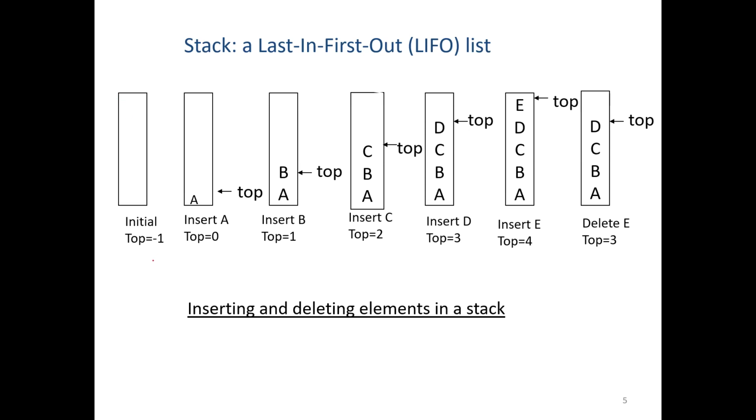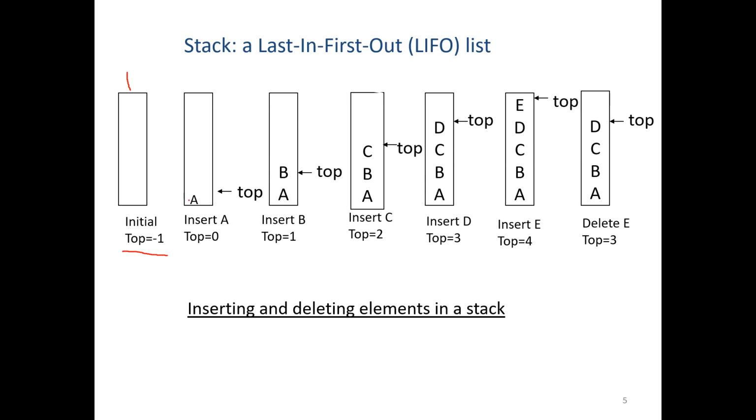At most 5 elements can be stored. In the first case, where we don't find any element, top is not there, top is set to -1. That -1 value for the top indicates that the stack is empty. The empty condition of the stack is indicated with -1.